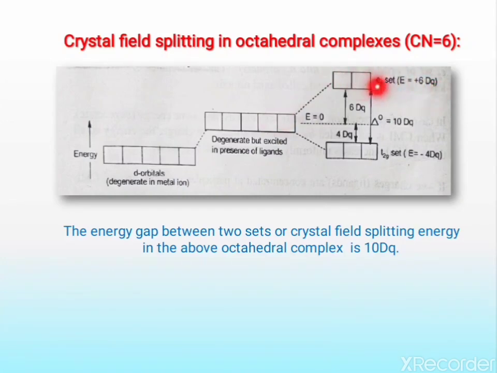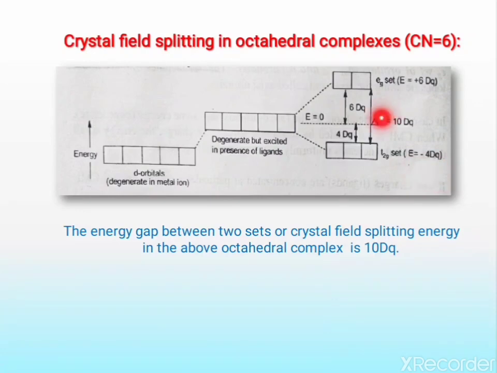The energy of the Eg set is plus 6 Dq. Then the T2g set of orbitals experiences less repulsion, the minimum repulsion, from the ligand field. That's why the energy of the T2g set decreases, that is minus 4 Dq.